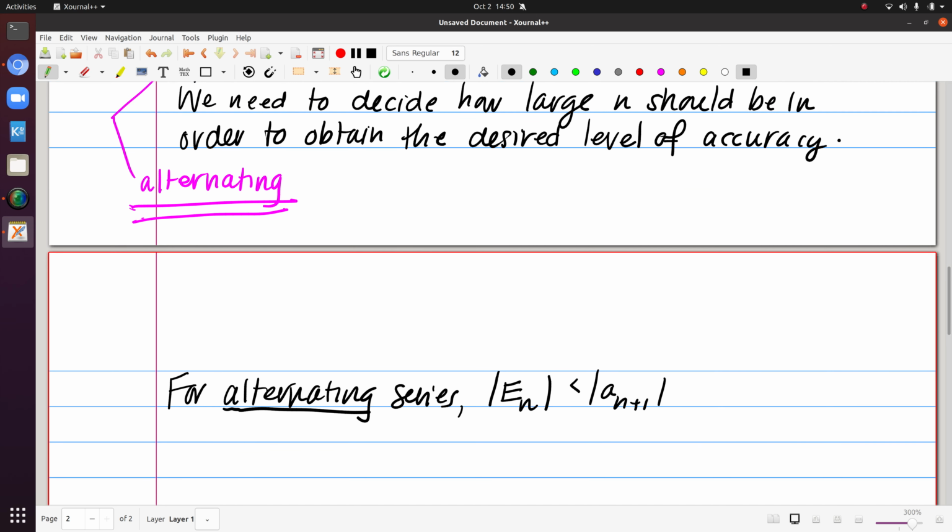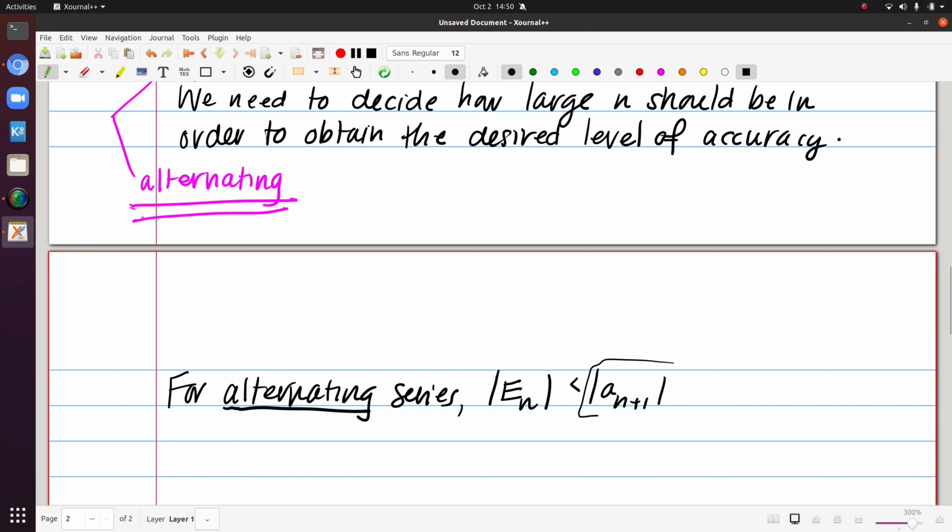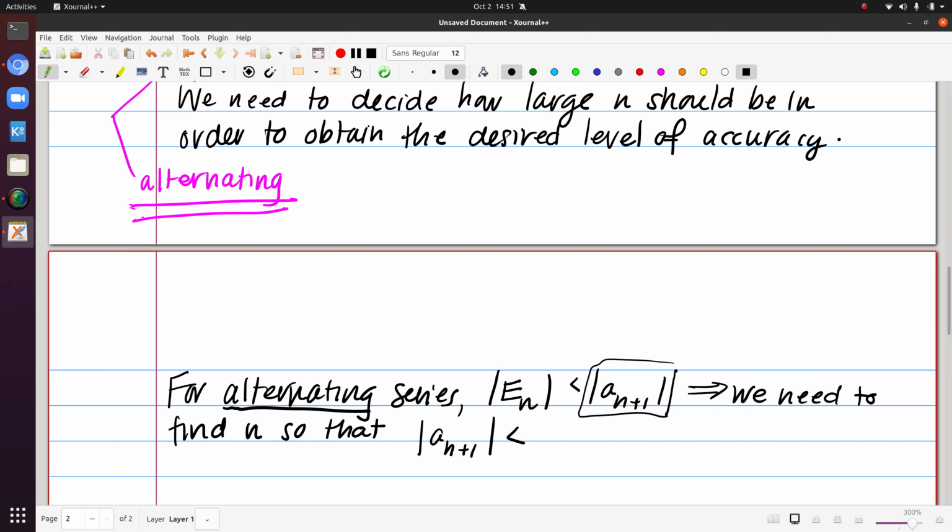So it suffices here for us to focus on this and try to make that smaller than 10 to the negative 7th. So we need to find n so that a sub n plus 1 in absolute value is smaller than 10 to the negative 7th.